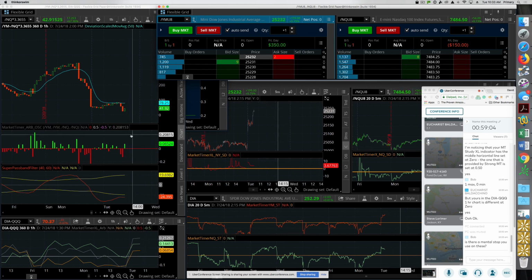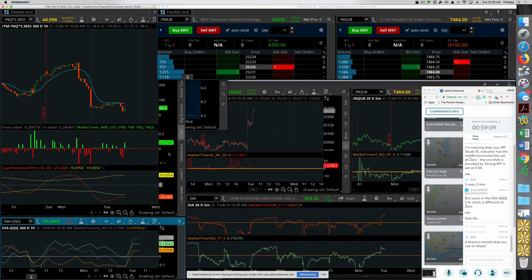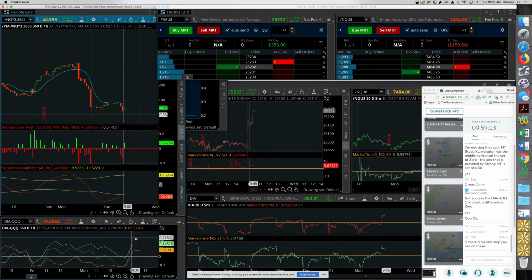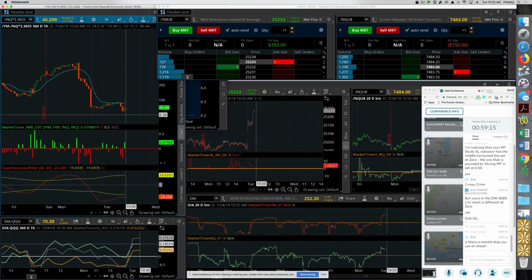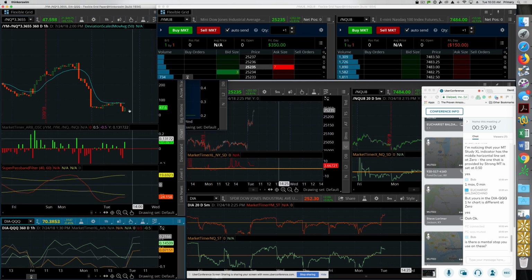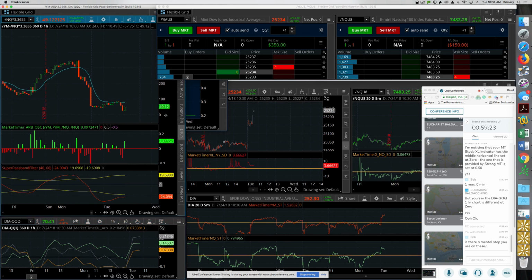It typically does not exceed that, and it got close to it. And then it started backing off a little bit. And these lines are flat now. So when these lines are flat, there's not much movement left in the percentage of the difference between the YM and Q. And it's probably a good place to take a position off.